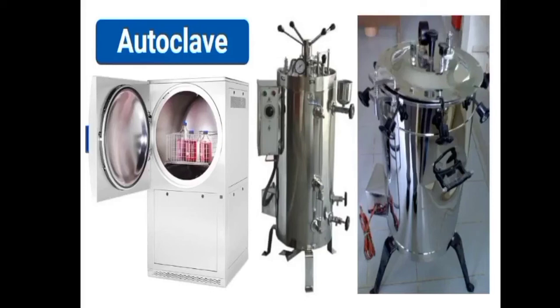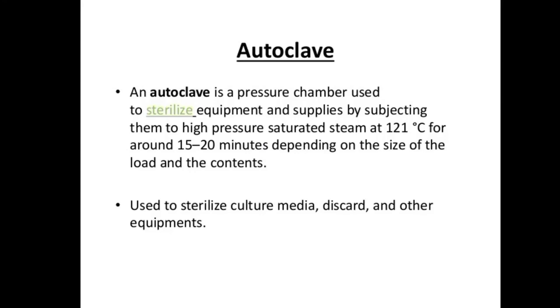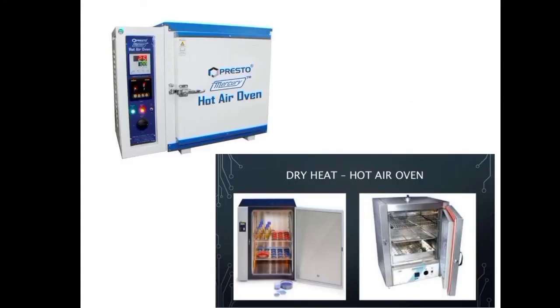Next one, that is the hot air oven. So the dry heat or hot air sterilization is recommended where it is either undesirable or unlikely that steam under pressure will make direct contact with the materials to be sterilized here.